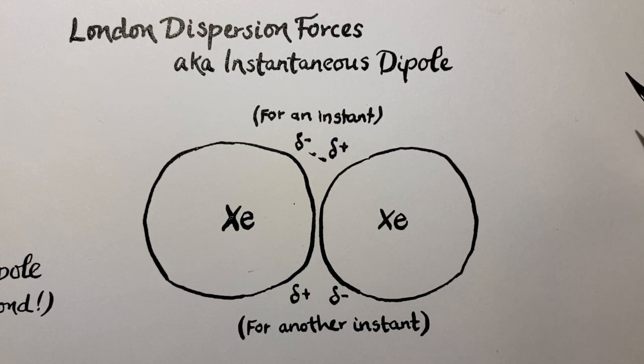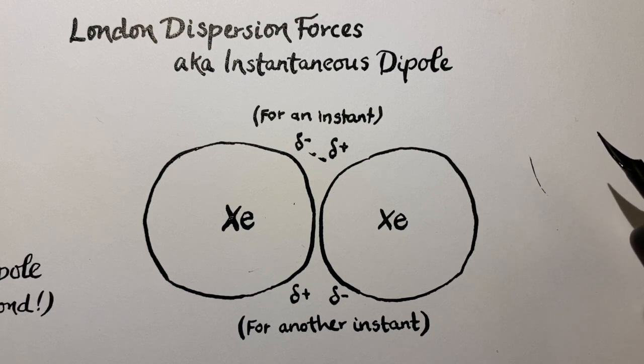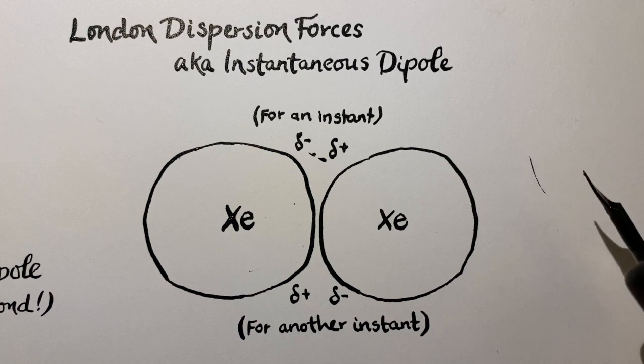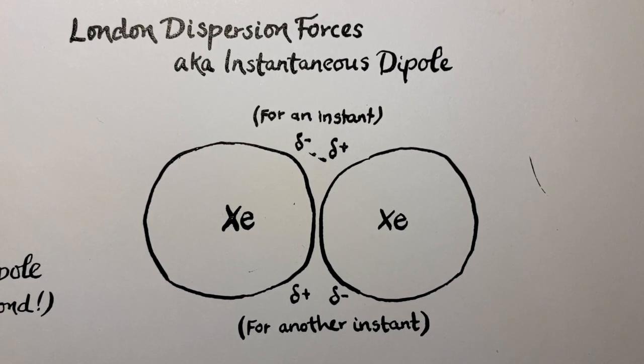So they can be quite strong. One pretty well-known example is gecko feet. Geckos can climb up walls and hang out on the ceiling because of very strong instantaneous dipole intermolecular forces between their feet and the walls and the ceilings. So they can be pretty strong, as I said.